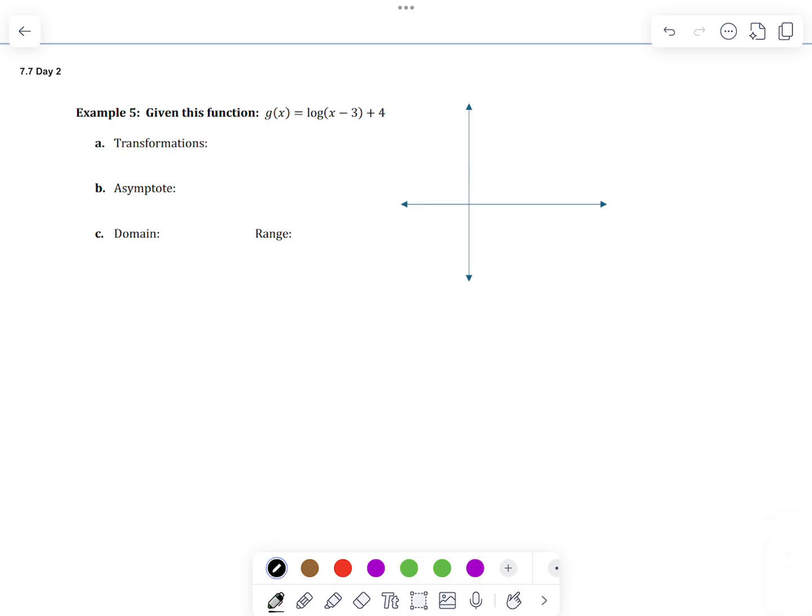Here's another example. The parent is our common log, y equals log of base 10. Here's a quick sketch of it. There are 2 transformations. The first one is a minus 3. So that's going to move the asymptote to the right 3 and the function to the right 3.